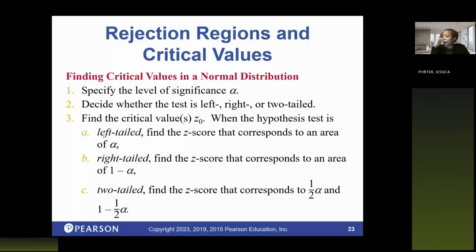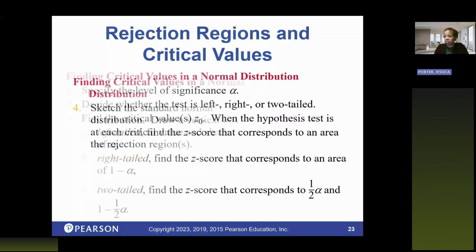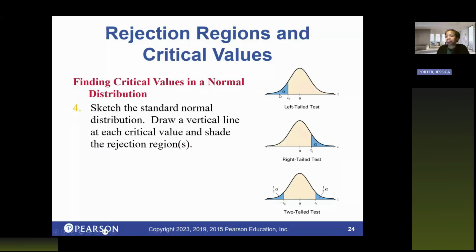Two-tailed, half alpha and 1 minus half of alpha. Okay, here is the drawing. This is the sketch. If you have a left tail test, your rejection region is over here on the left. You have a right tail test, your rejection region is on the right. If you have a two-tail test, your rejection region is these two tails in the blue.